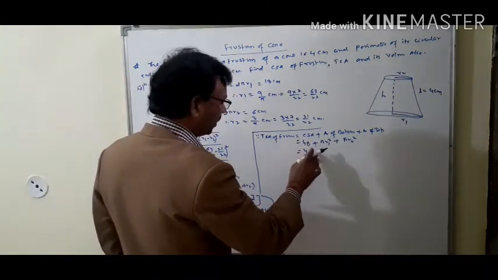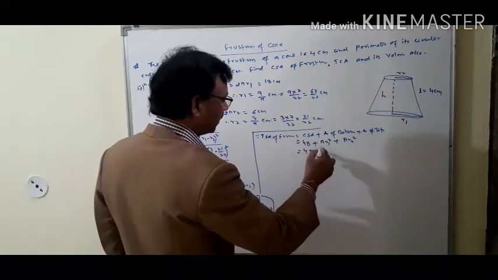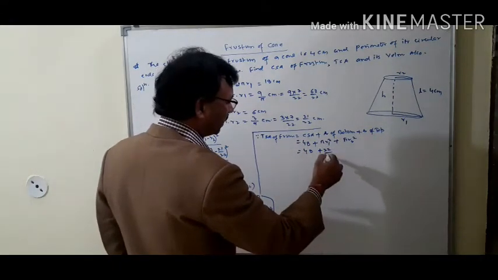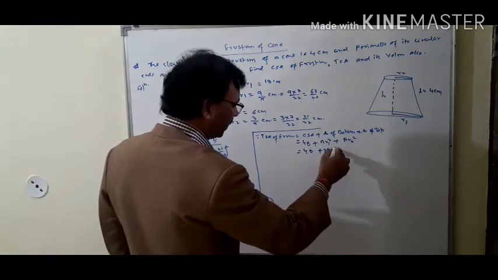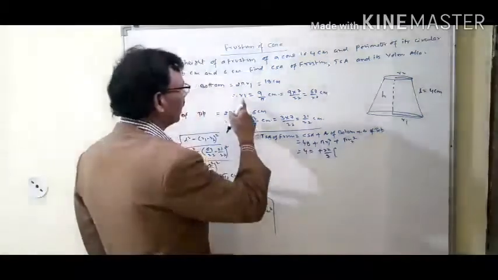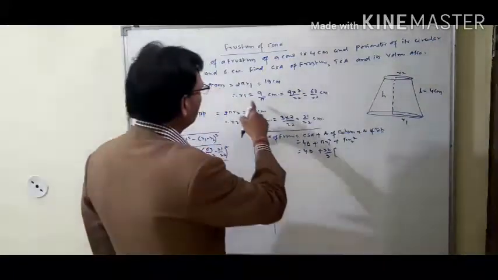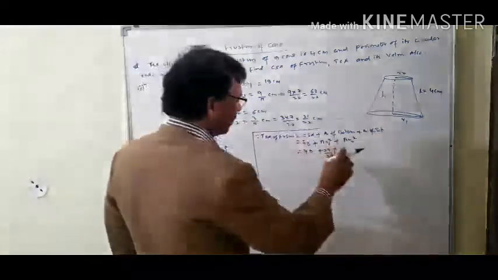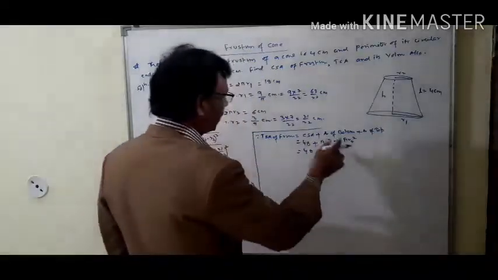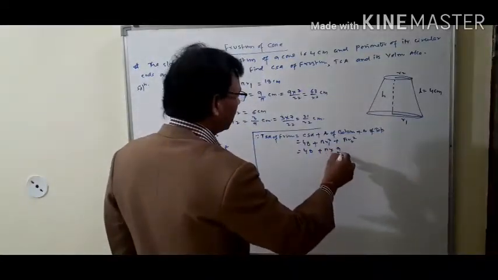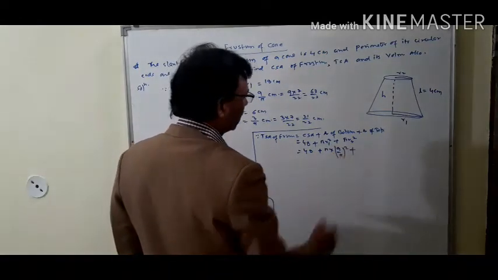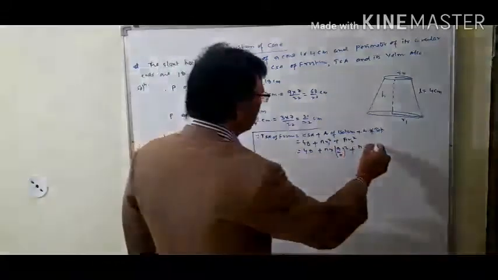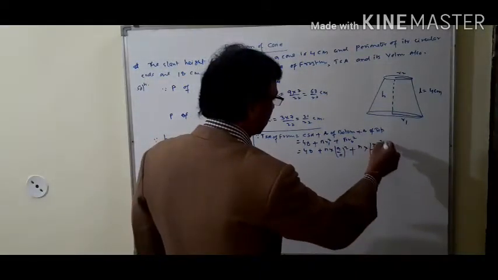So 48 plus pi into (9 upon pi) whole square plus pi into (3 upon pi) whole square.